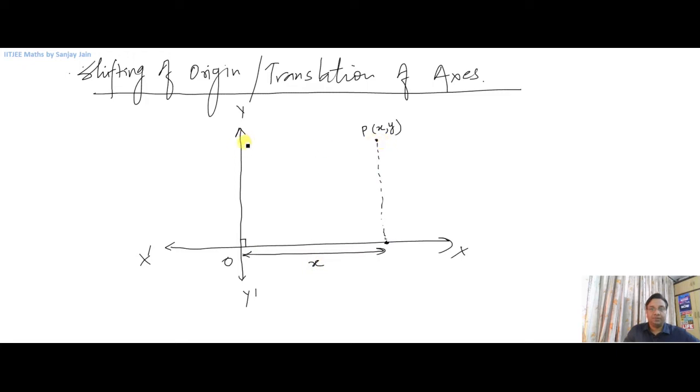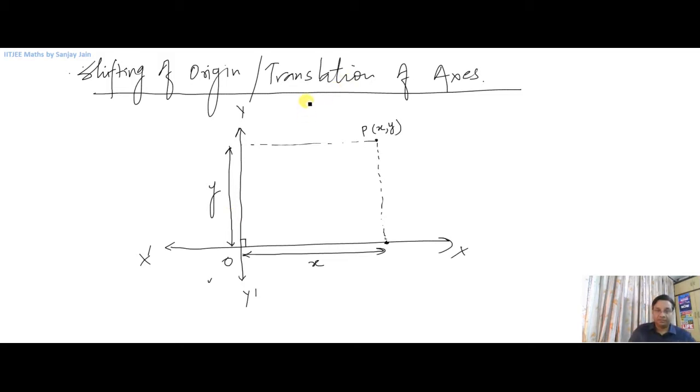And what will be this length up to here? This is, we know, equal to y, right? Now if I shift this origin somewhere else without rotating the axes, right? So the axes are not rotated, okay, but the origin is being shifted.